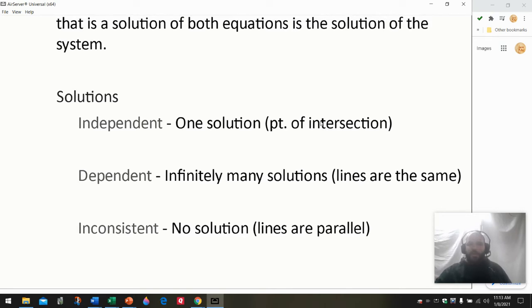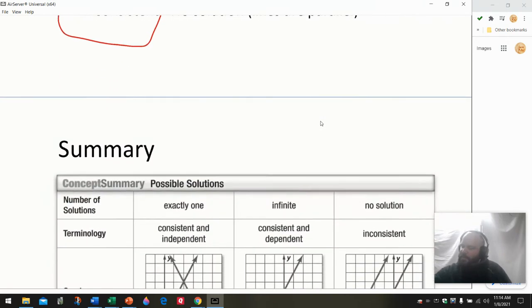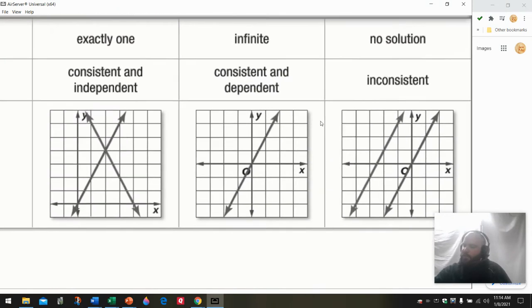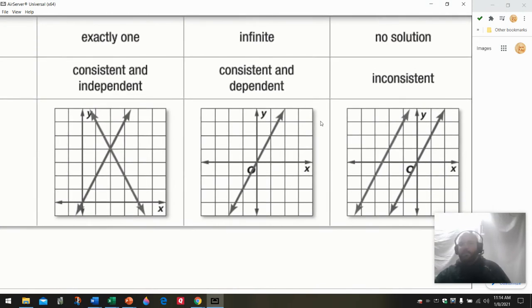Now, depending on what those two lines look like, will depend on what we would say their solutions are. So there's a couple terms here, and they explain what they are. Now I'm going to go over those in 1 second. I'm actually going to flip forward here to show you what could happen whenever we graph two lines. So in this first example that you see right here, when we graph these two lines, they are two separate, totally different lines.